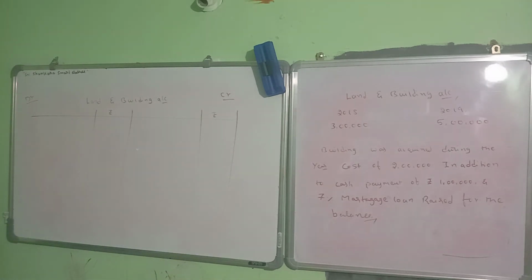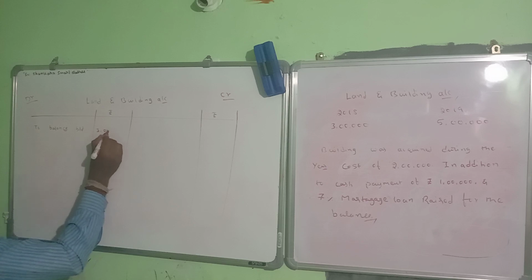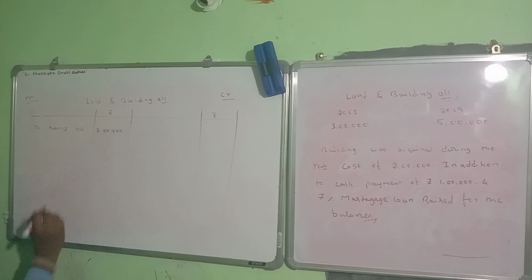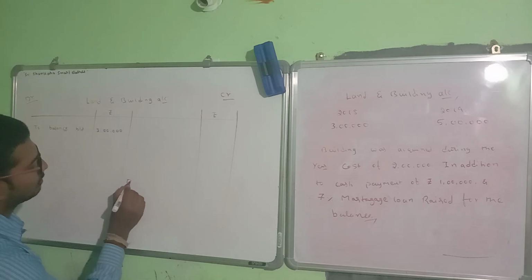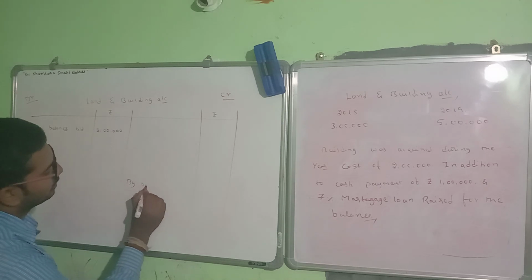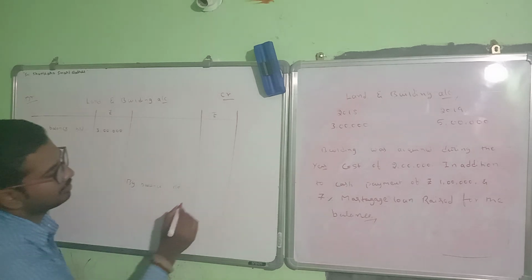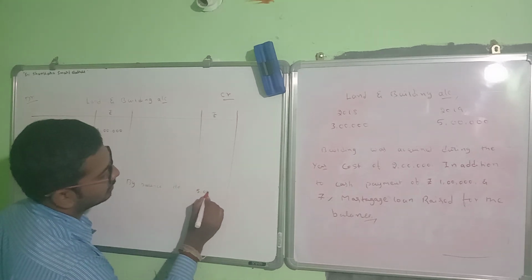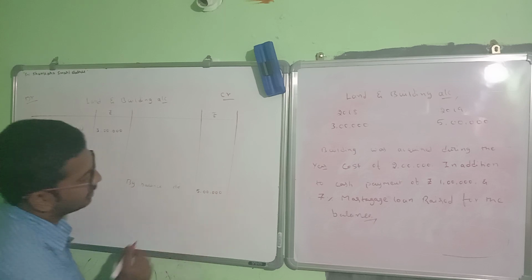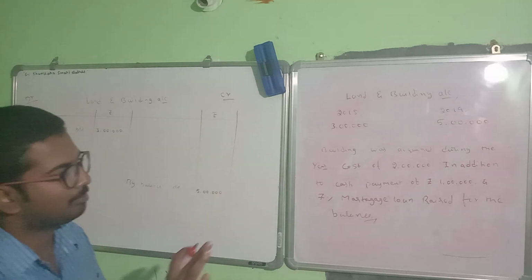First, bring down the opening and closing values of the land and building account: to balance brought down 3 lakhs, and closing balance by balance carried down 5 lakhs.